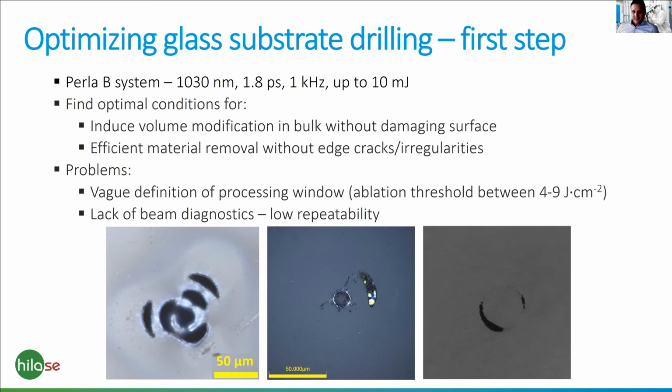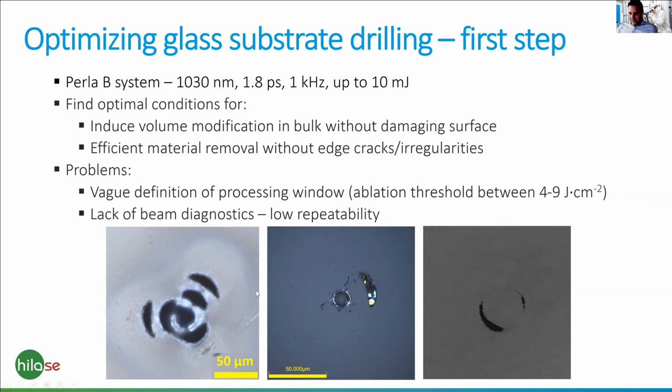So the problem, as we found out, is that the processing window of the glass treatment was very vague. The ablation threshold was somewhere between 4 and 9 joules per centimeter, and no one was actually sure what the real value was. And then also the lack of beam diagnostics. This was the problem of the process itself, so the process has very low repeatability.